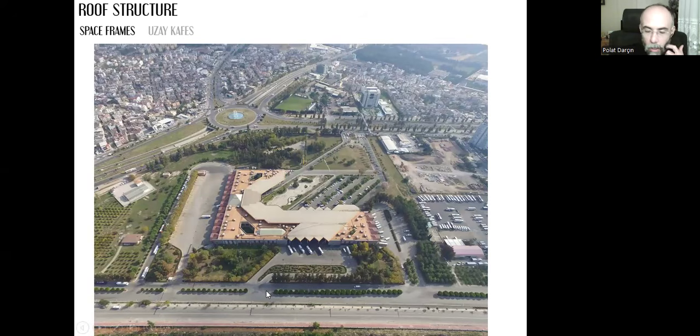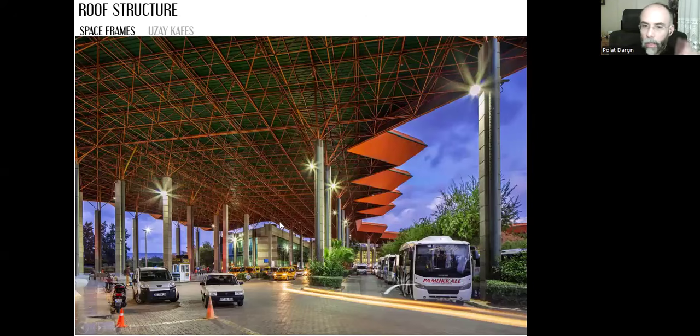I think you all know this building. This is the intercity bus terminal of Antalya. Here you can see there's this roof like that, and right underneath, if we look above, that's what we are going to see. It's created with steel space frames, and the building can be enlarged towards this direction and towards this direction.